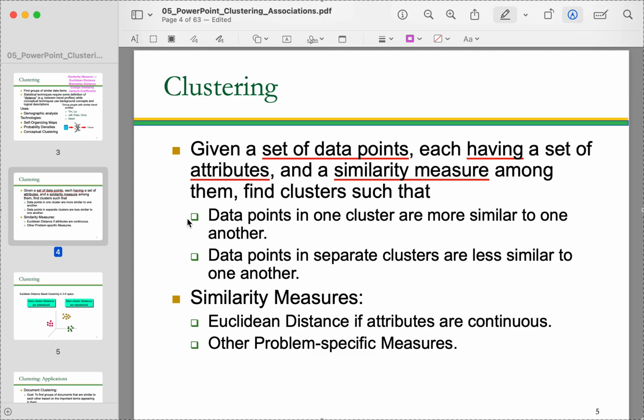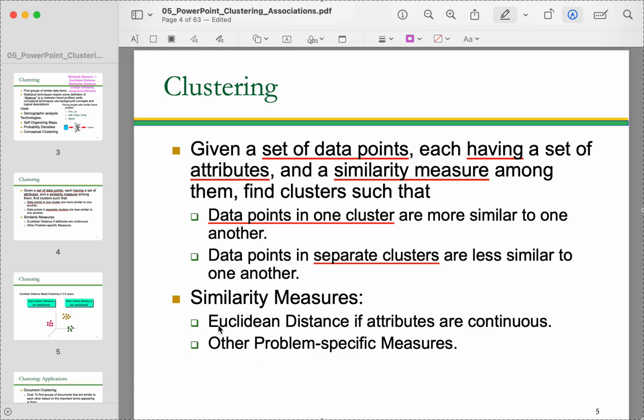Find the clusters so that the data points in one cluster are similar to each other and the data points in the separate cluster are far away from each other. So the points within the same cluster should be close to each other, and the points in the other clusters should be away from each other. So we are maximizing the distance between the clusters themselves and minimizing the distance between the items within the same cluster.